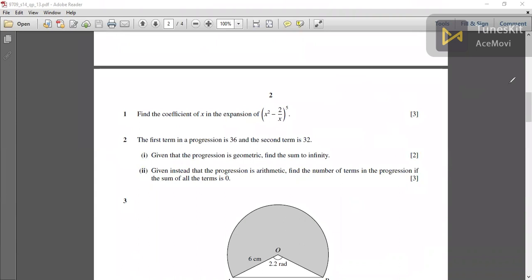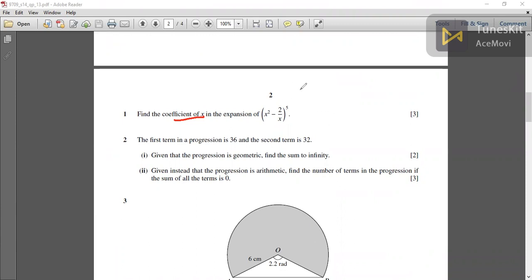So for number 1, find the coefficient of x in the expansion of (x squared minus 2 over x) to the power of 5. So the first thing that you have to do is, our main objective is to find the coefficient of x, so we do not have to expand everything.